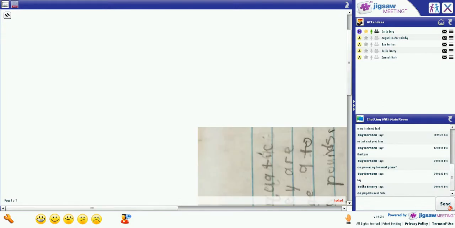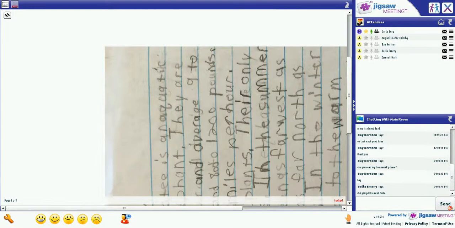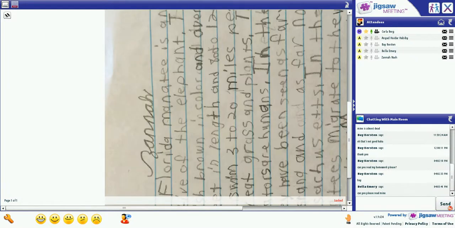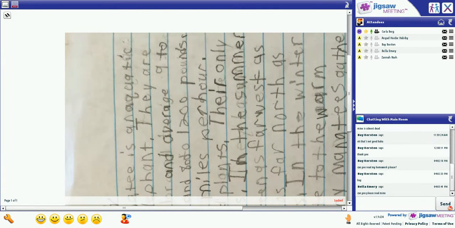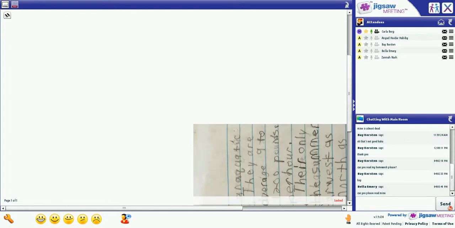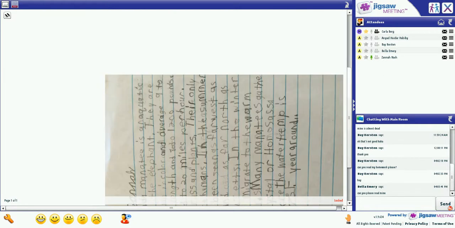Give me 1 second. For some reason, it's not letting me turn it, Xana. Do you have a copy there that you can read? So we don't have to read sideways here? Yeah, I have my paper right here.